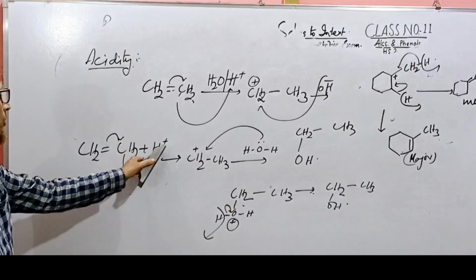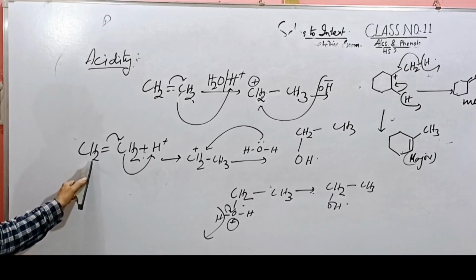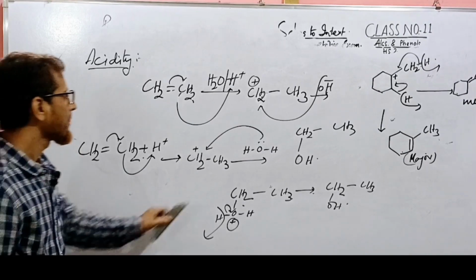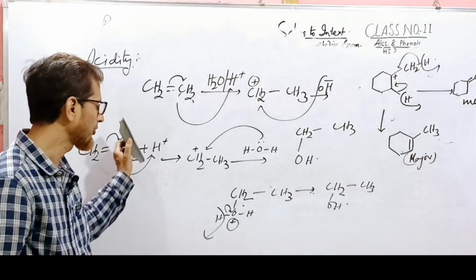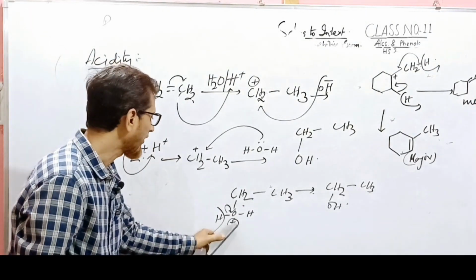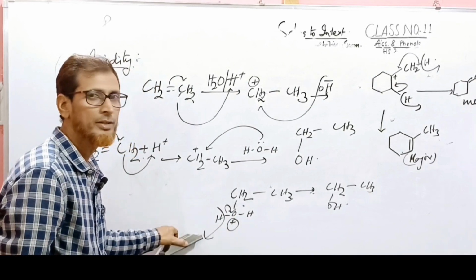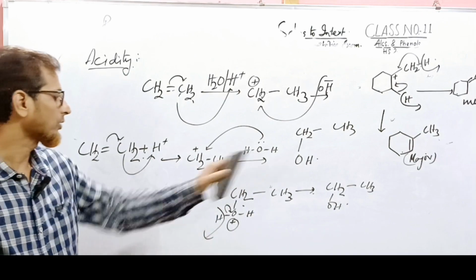This mechanism is very simple. First you add hydrogen here, CH3, you will get a carbocation, and water has a lone pair, so as a nucleophile it will get attached to this one, we find an O 3 bond, then deprotonated, and the plus charge is satisfied, we get alcohol.